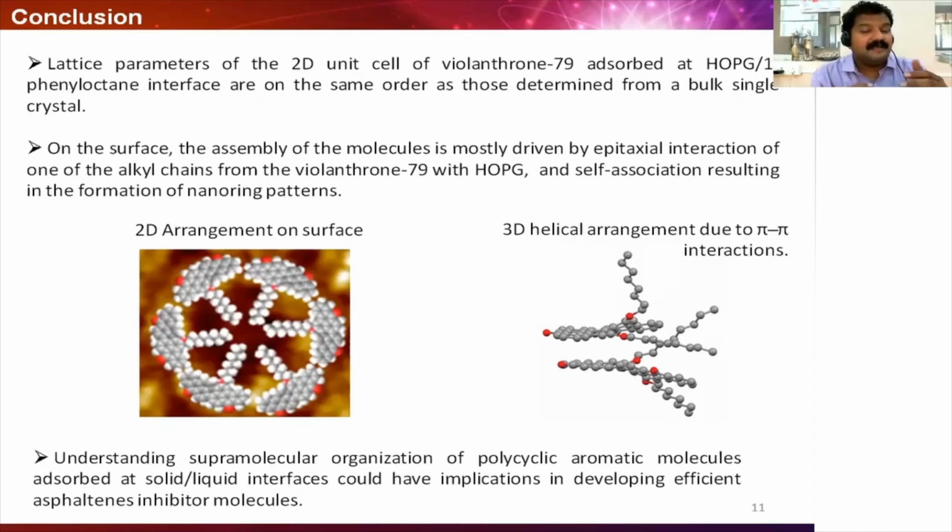To prevent this asphaltene adsorption, because the first step in asphaltene deposition is adsorption. And if an inhibitor molecule can prevent that, then we can get rid of the plugging or blocking that is happening in the pipelines. So that is the story.